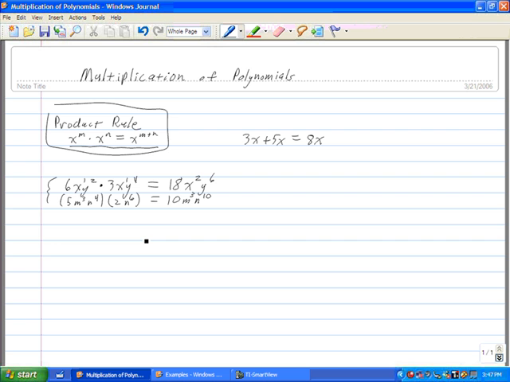Now if we step it up, and we're going to go one step further with the multiplication, we're going to have to use our distributive property. Distributive property basically says A times the quantity B plus C. When we distribute, we have an AB plus, distributing there gives us an AC.